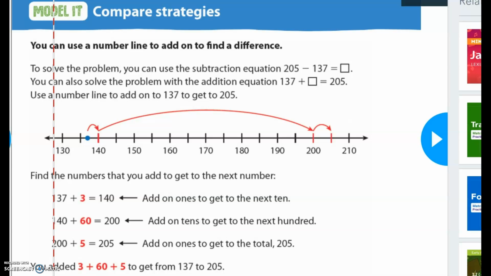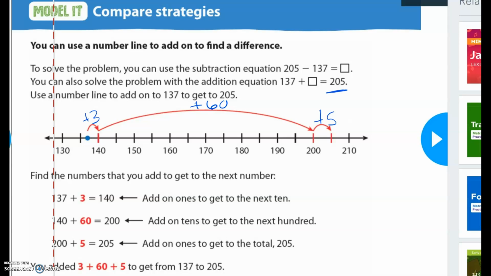So it says you can use a number line, which is one of the ways we didn't talk about. So it said, okay, you start at the small number 137, you add your 3 up to make it 140, then add 60 up to go to your next 100, and then add 5 to go to 205, which is what you started with.